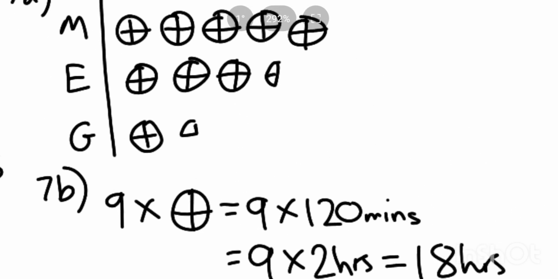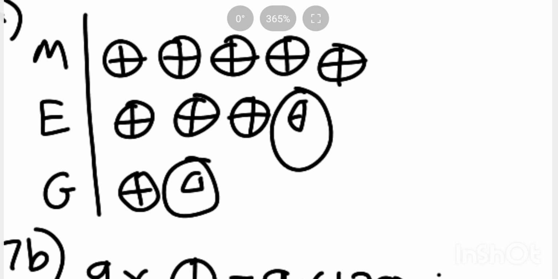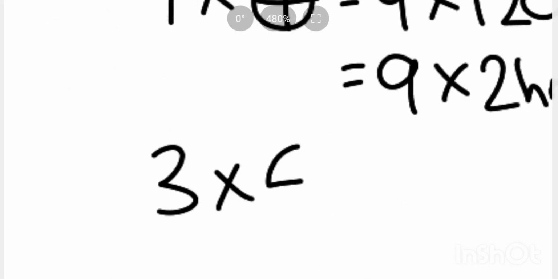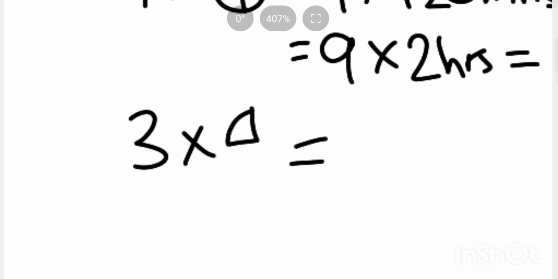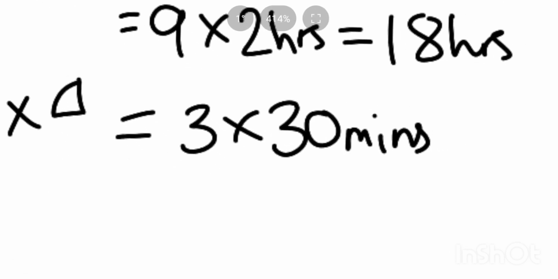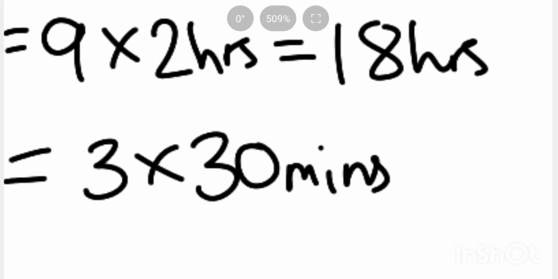And then if we count the quarters, there's 2 quarters here and 1 quarter there, so 3 quarters. And each quarter represents 30 minutes, because it's mentioned in the question. So 3 times 30 minutes gives us 90, 1 hour 30.